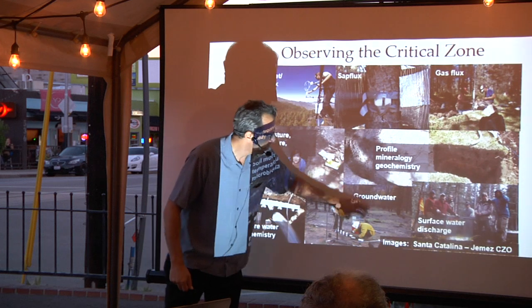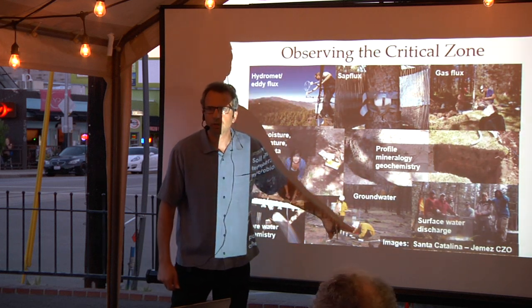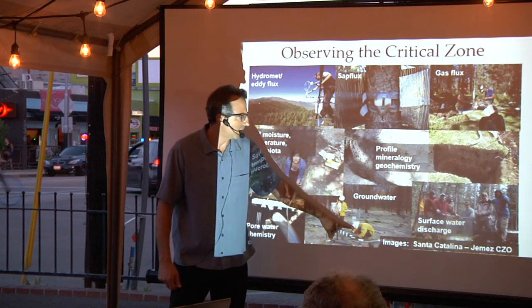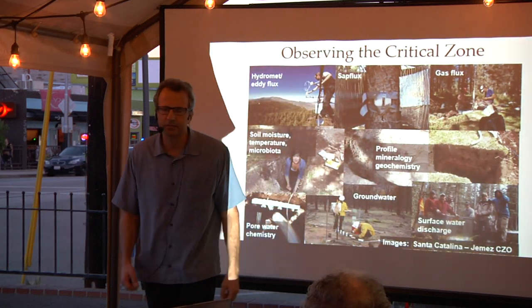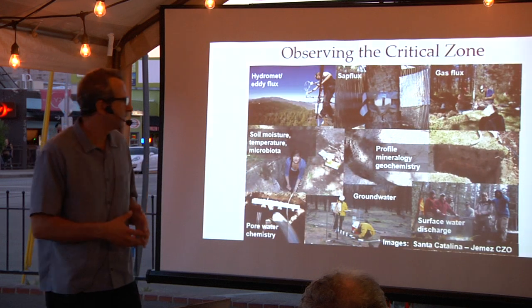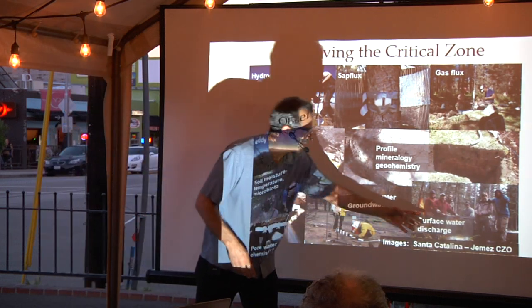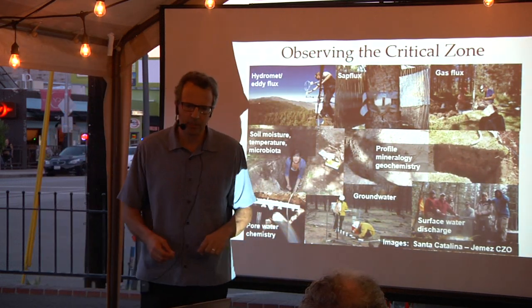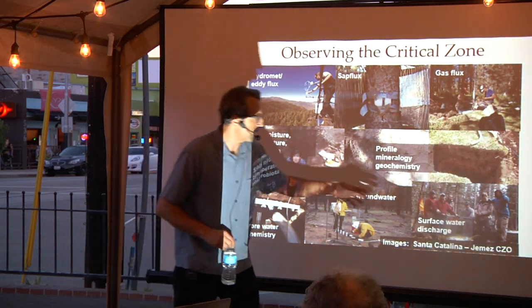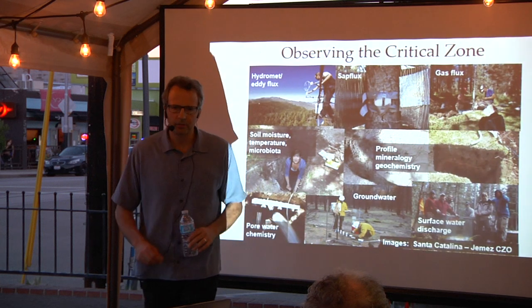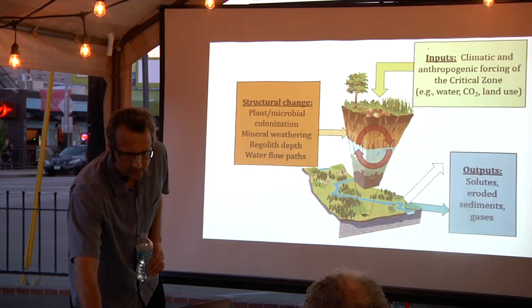And then we measure properties all the way down to deeper groundwater environments and have wells, also flumes that measure surface water discharges, hydrologic response of our catchments and hydrochemical responses, and try to understand how precipitation events are translated into surface water chemistry and dynamics.